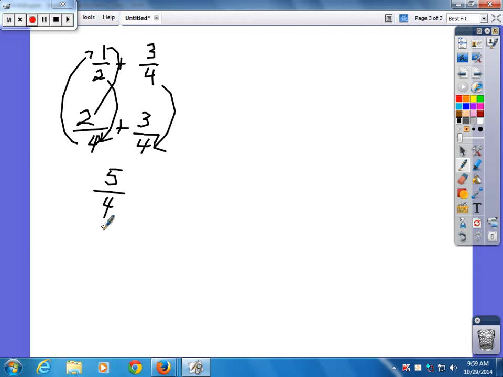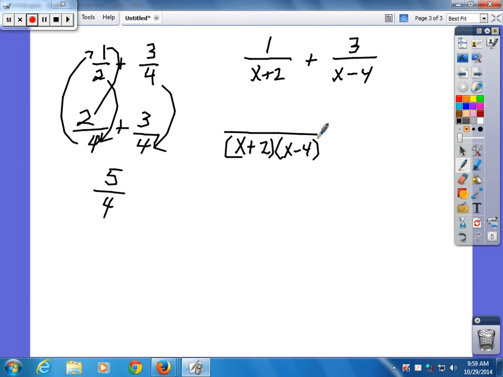Now we're going to do the same things that you learned in grammar school with this: 1 over x plus 2 plus 3 over x minus 4. Well, we got to have a common denominator. These two have nothing in common, so we got to put them together, which would be x plus 2 times x minus 4.